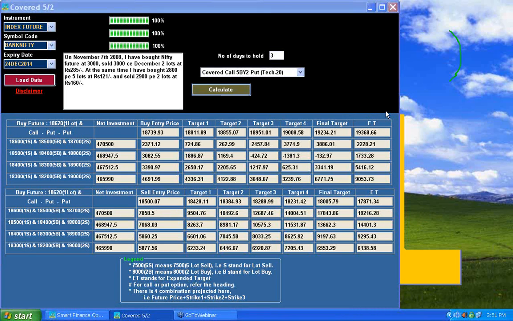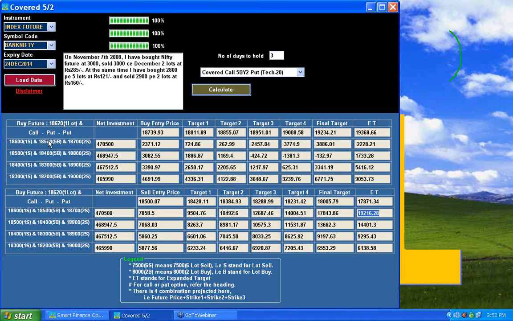So this is how it is calculating, and you have to see which strike pairs have the lowest risk and the highest profitability. If you just see the 18,600 call option, 18,500 put option and 18,700 put option, this combination has a maximum liability of 2,000 here, and it has a maximum reward potential of 19,000.